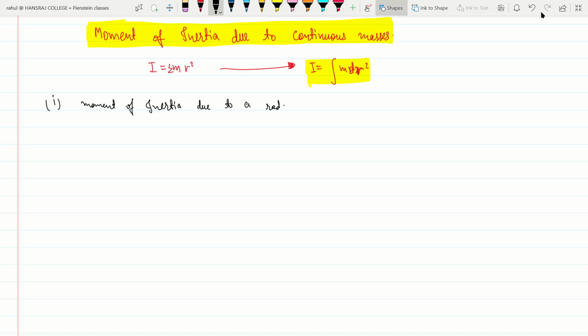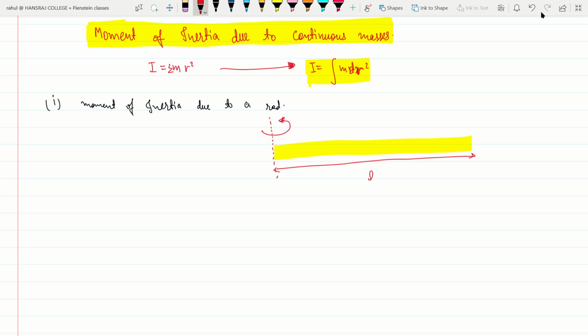Suppose we have a rod and the rod is rotating about this axis like this. Suppose the length of the rod is given, L. So for this rod we have to calculate the moment of inertia.